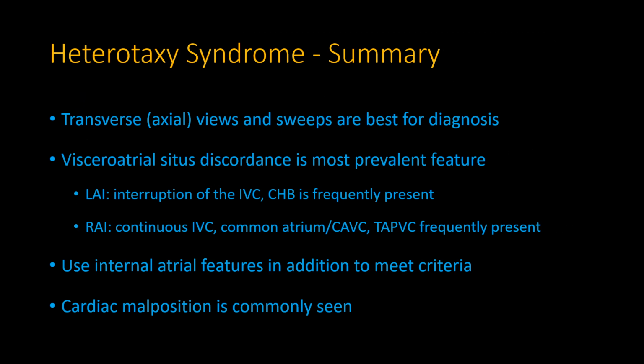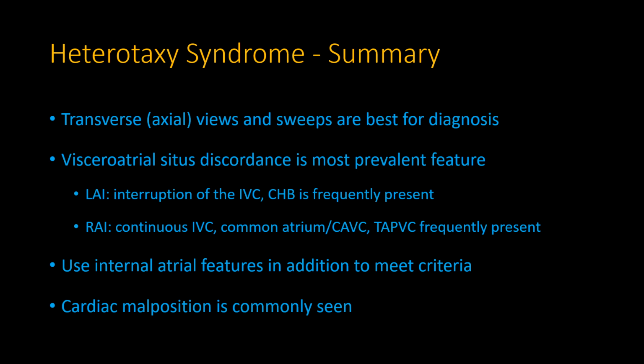So to summarize the fetal evaluation of heterotaxy syndrome, you want to make sure that you use these thorough sweeps using transverse or axial views. They are best for diagnosis and sweeping from the abdomen up into the chest to look for these visceroatrial situs discordance features. They are the most prevalent features in heterotaxy syndrome.